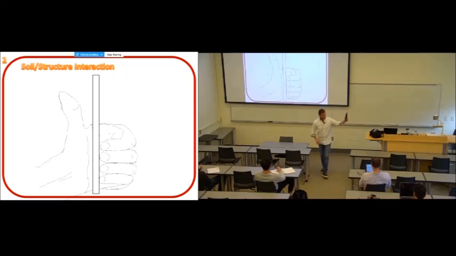So we're grabbing the pile like this, and each finger is actually your soil finite element or discrete element. So your fingers are representing the soil. The pen or pencil is your pile. The embedment is where your fingers, top and bottom, are touching, and you apply a lateral load.